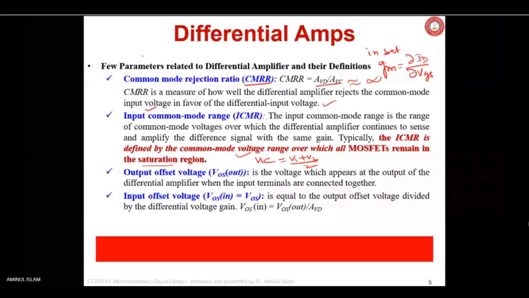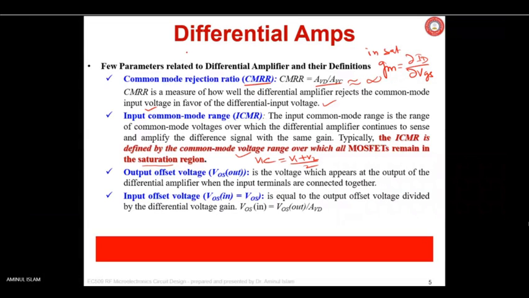And we know the voltage gain of a CS amplifier is given by minus gm into (ro parallel RD), or let me write this RD.